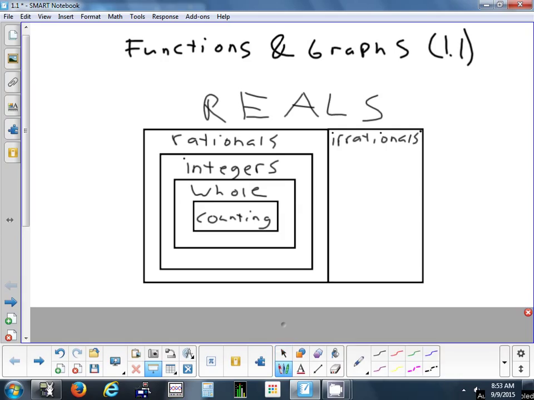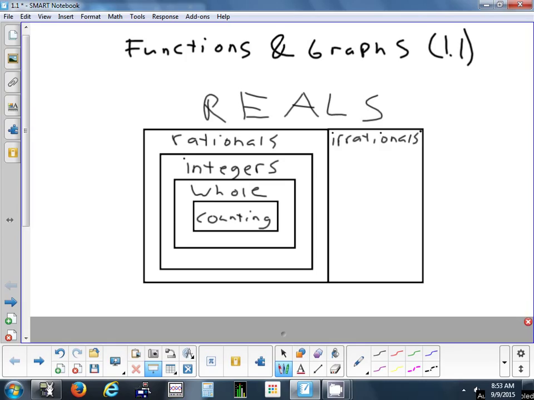Okay, well, the problem is if we just restrict ourselves to counting numbers, we wouldn't even be able to do some basic subtraction problems. Addition would be okay. If you add a counting number to another counting number, you would get a counting number. Okay? But watch what happens if I take a counting number, like 3, subtract another counting number, 3.